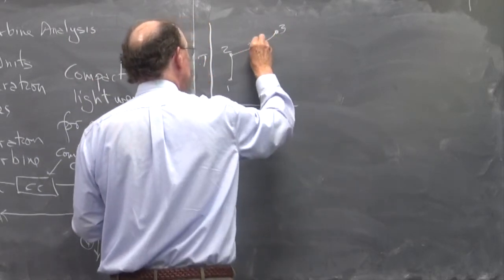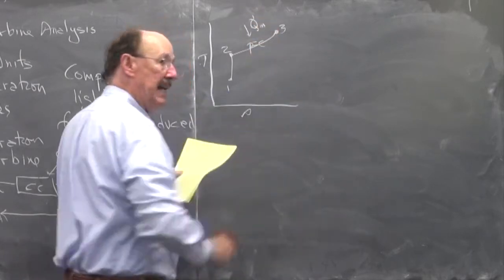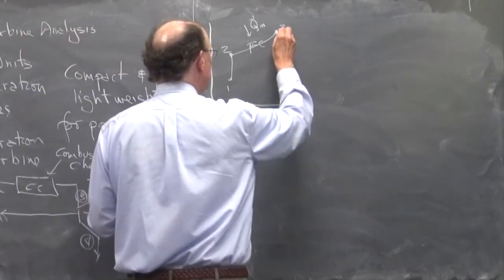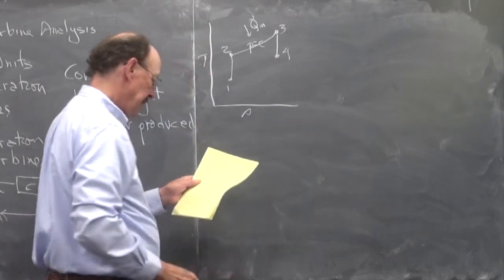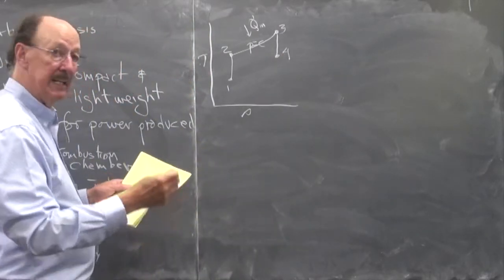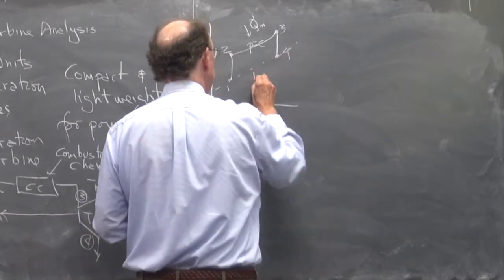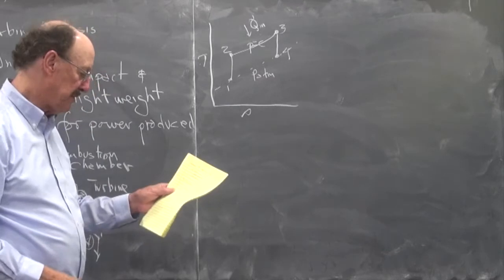This is P equals C, and this is where I have my Q dot N. And again, that's going to be burning fuel in the combustion chamber. We have the expansion through the turbine from 3 to 4. And then it exhausts at state 4, and typically this is P atmosphere. So state 4 and 1 are the same.